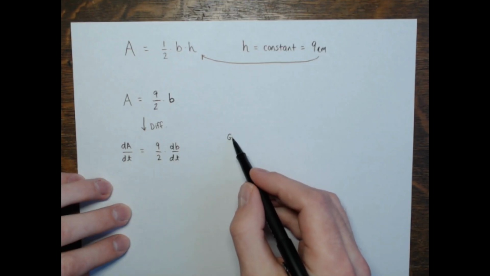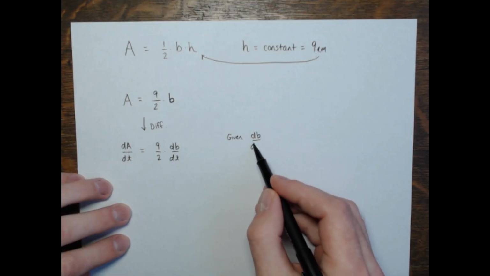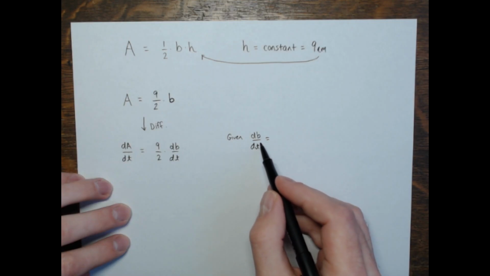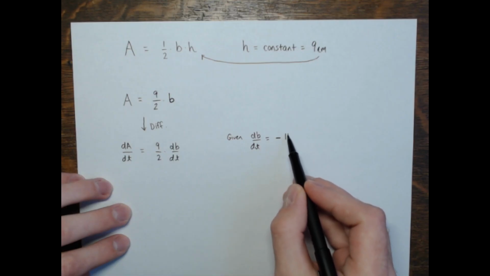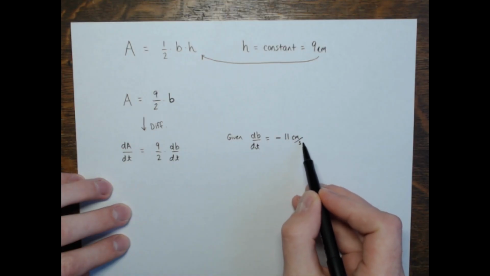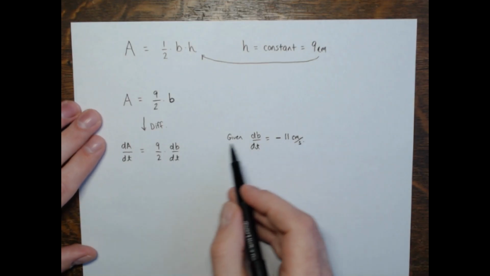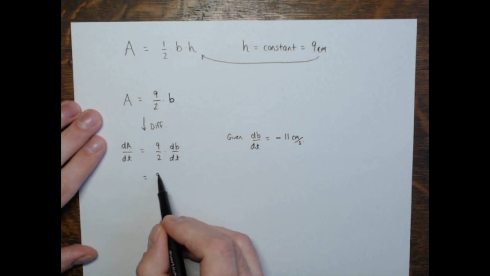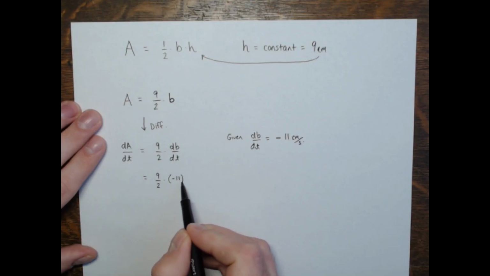And again, we are given that this base is changing at a rate, it's decreasing, right? So again, that's a negative rate of change, negative 11 centimeters per second. So I pop that in, and we get 9/2 times negative 11.